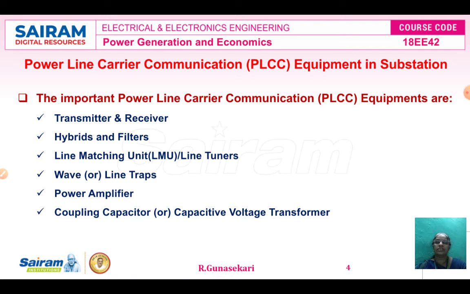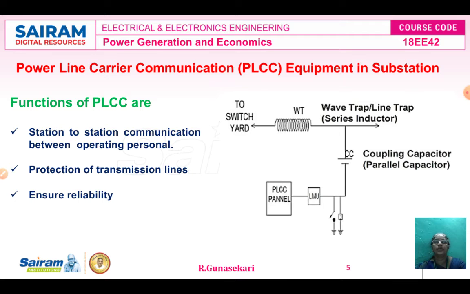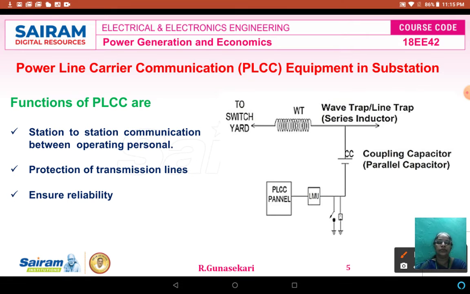Another name for the coupling capacitor is capacitive voltage transformer. Now you see the circuit diagram. This is the wave trap or line trap series inductor. This is the coupling capacitor, that is CC. That is the line matching unit, LMU. This is the PLCC, power line carrier communication panel.